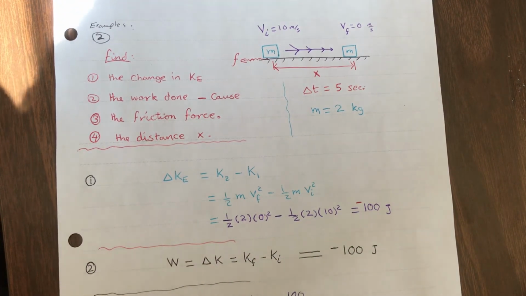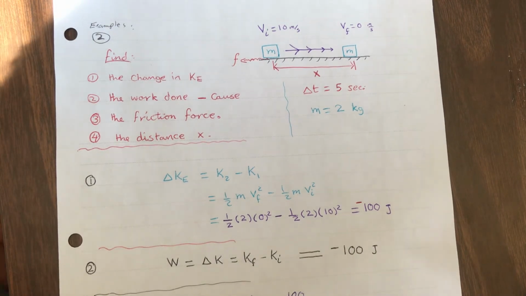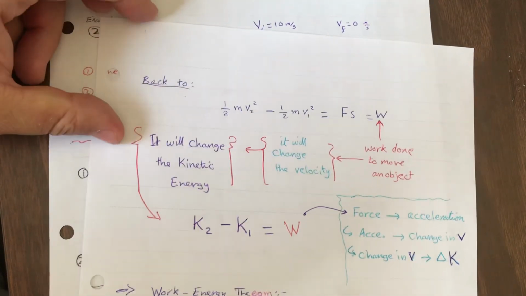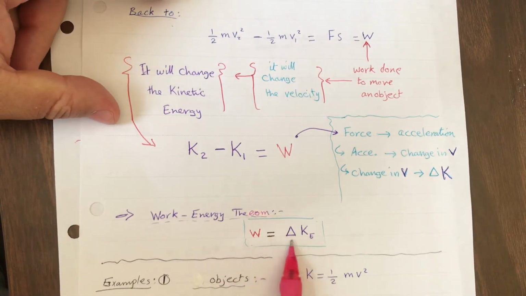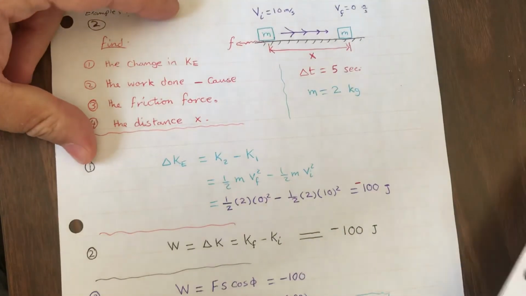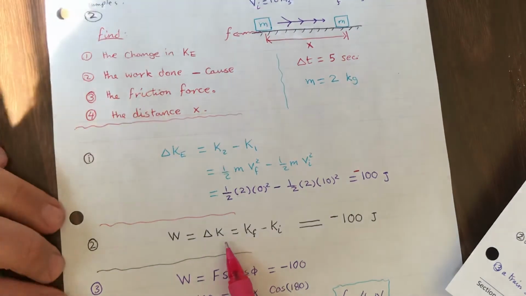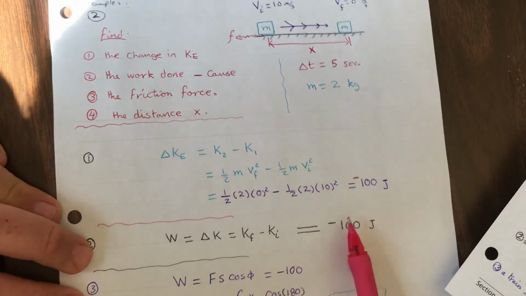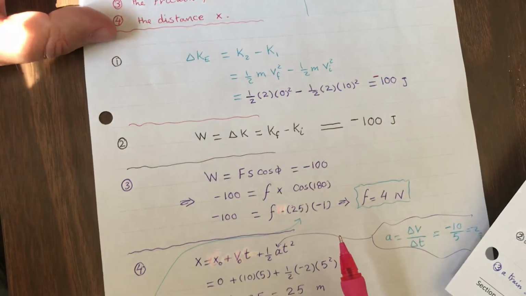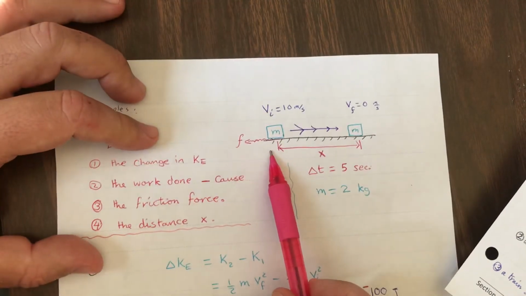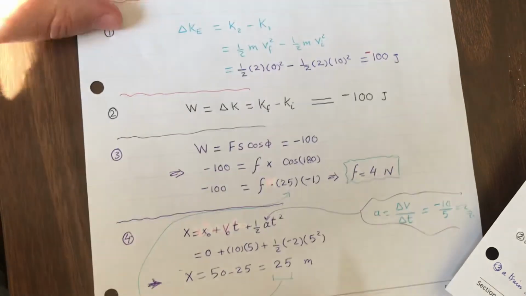What is the work? As we see from our relation here, the work is equal to the change of kinetic energy. Yes, here. So the work simply is equal to the change of kinetic energy, which is negative 100 joules. It is simple. What is the cause? We know that the cause is the friction force. We need to compute the friction force.